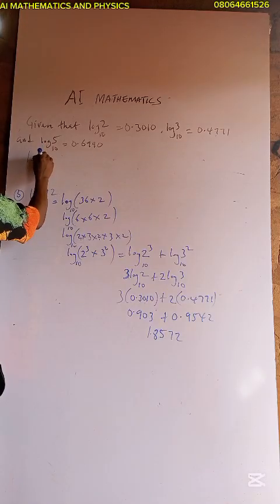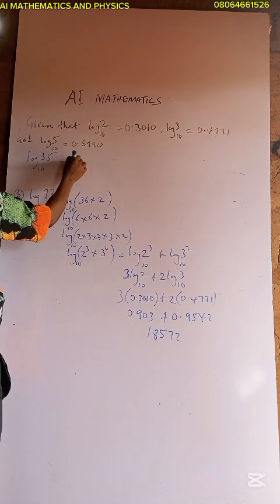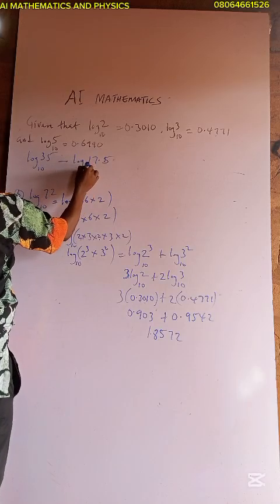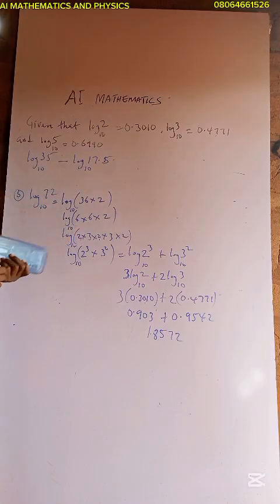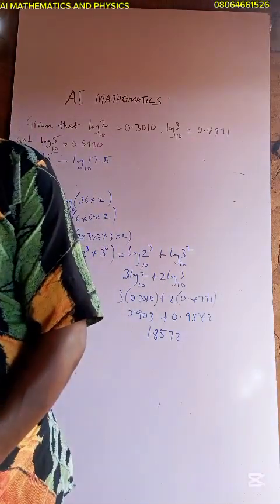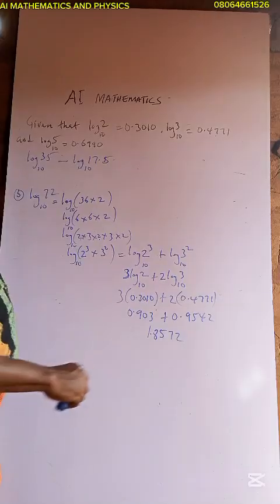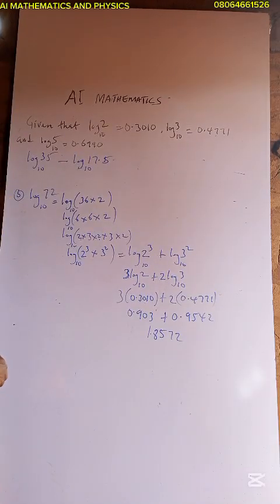That's another one there. When you see a question, don't panic. Just calm down and look for a way of what you can do, and the solution will come out.